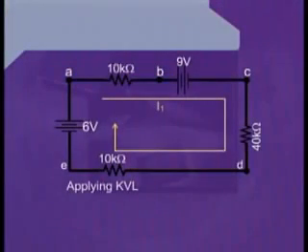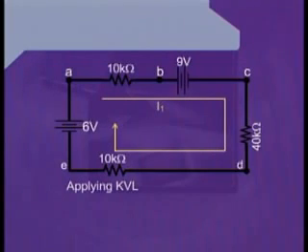Now, if we apply Kirchhoff's voltage law for the total one loop, then starting from the point A, we can write: the point A has been connected directly to the positive terminal of the 6-volt battery.